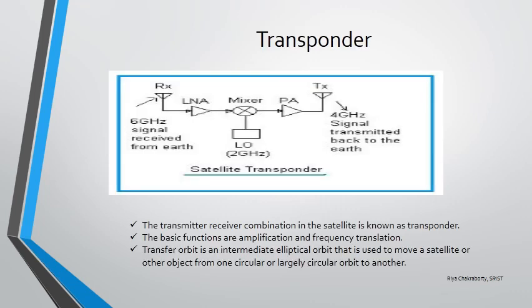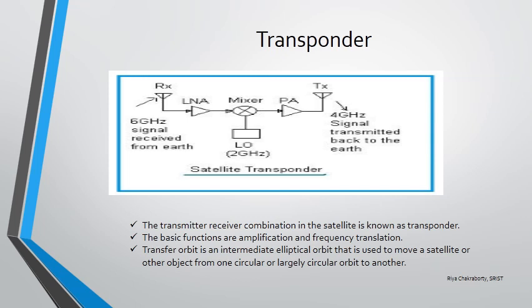Now the most important part is the transponder. Communication satellites are not originators of information to be transmitted. Although this is the case in some other types of satellites, it is not true for those used for communication purposes.